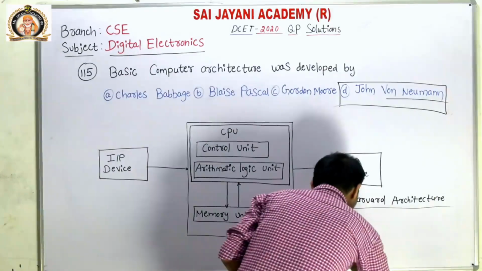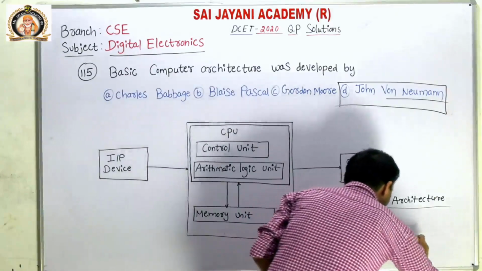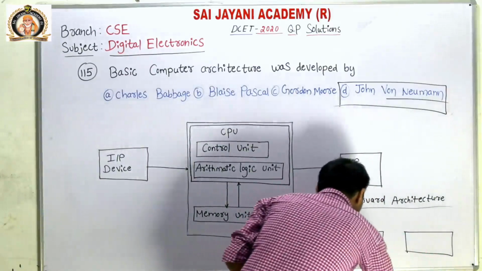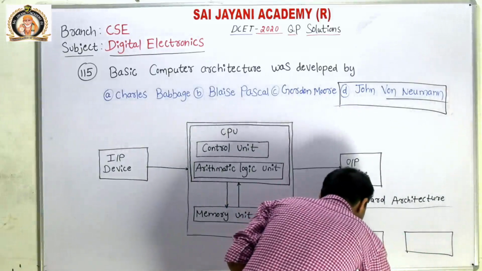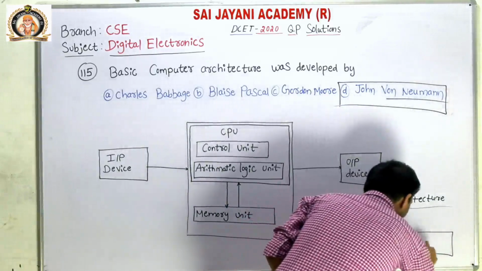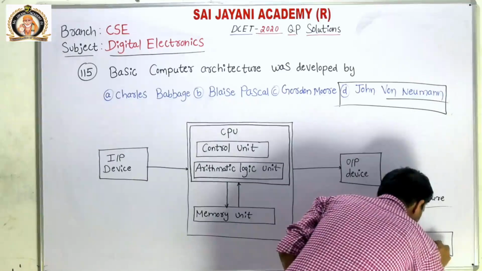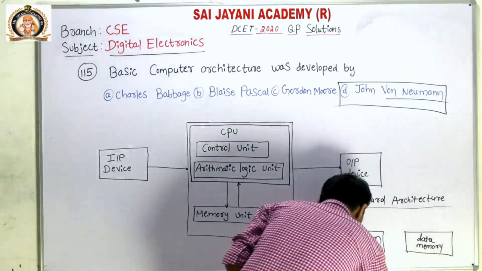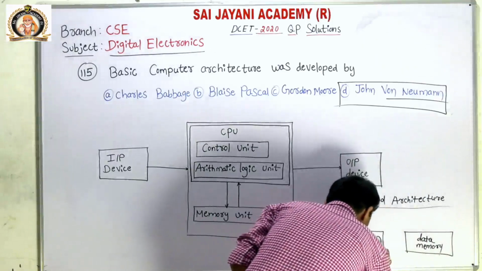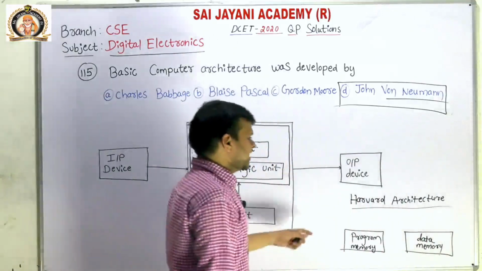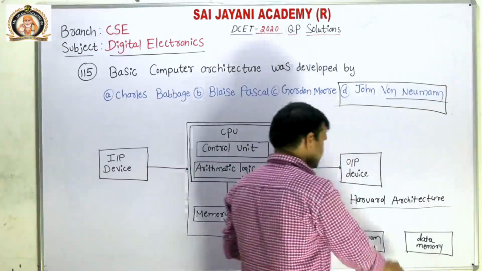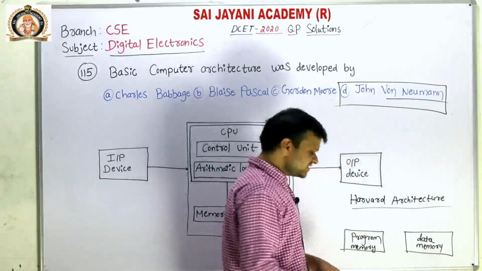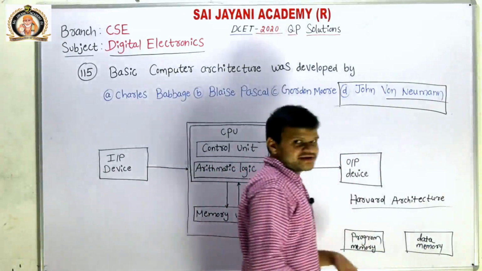That means it uses separate memory for program or the instructions and for data. This is the data memory and this is the program memory. In Harvard architecture it uses separate memory space for both program and data.